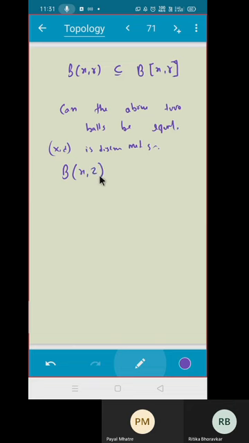Okay, B(x, 2). And what about the closed ball B(x, 2)? What is this B(x, 2), and what is this B(x, 2)? The distance d(x, y) is less than 2. Less than 2 means the same thing, so this will be the same as the singleton x.